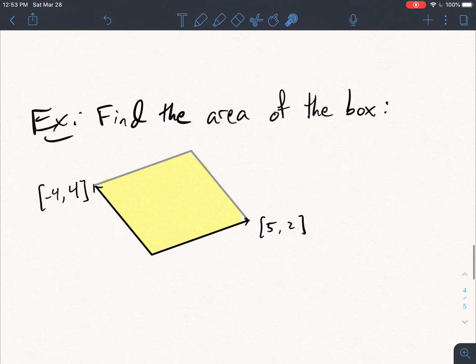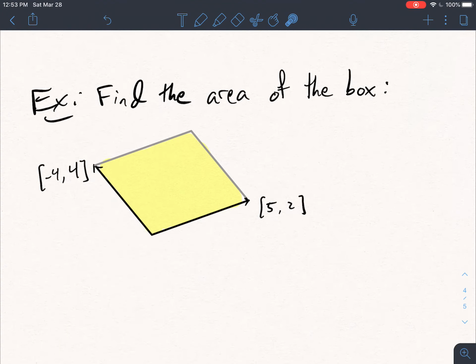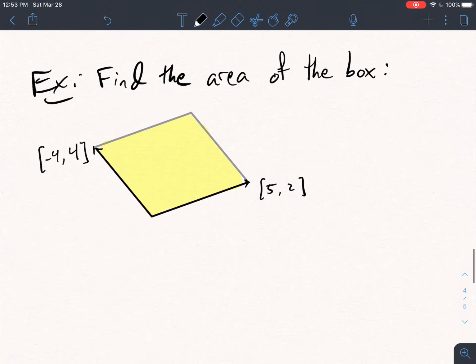All right, so let's just do a quick example. Let's find the area of this box right here. So here I have the vectors given as rows. So I have -4, 4, and I have 5, 2. This is certainly not drawn to scale. So if I didn't know that I could use determinants to do this, how would you actually go about doing it?